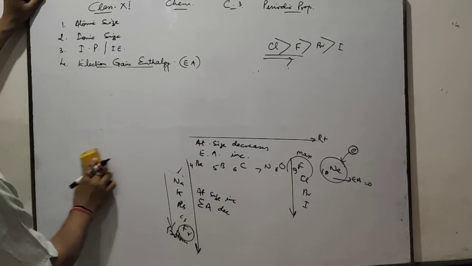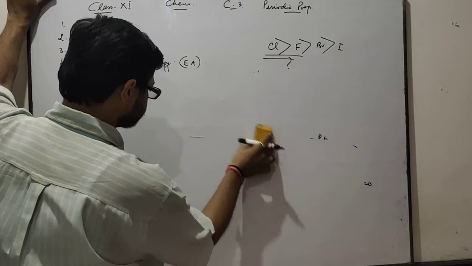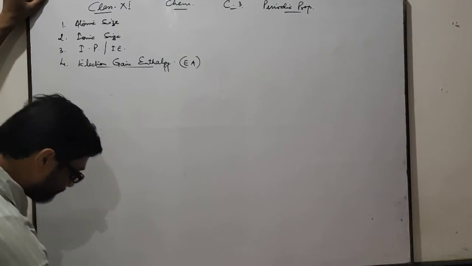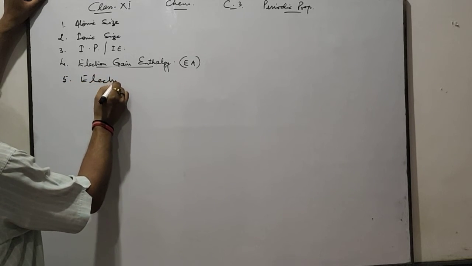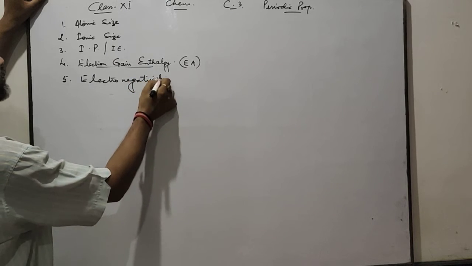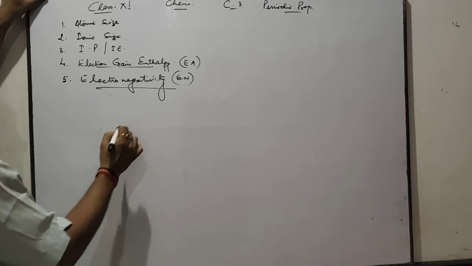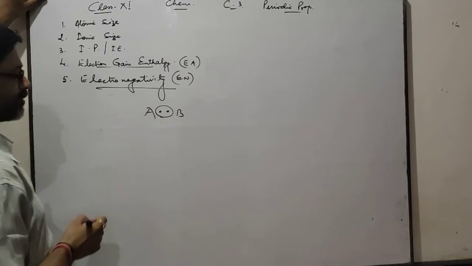Now I am going to discuss the fifth property, and that one is electronegativity, En. Here, think about the sharing of electrons.